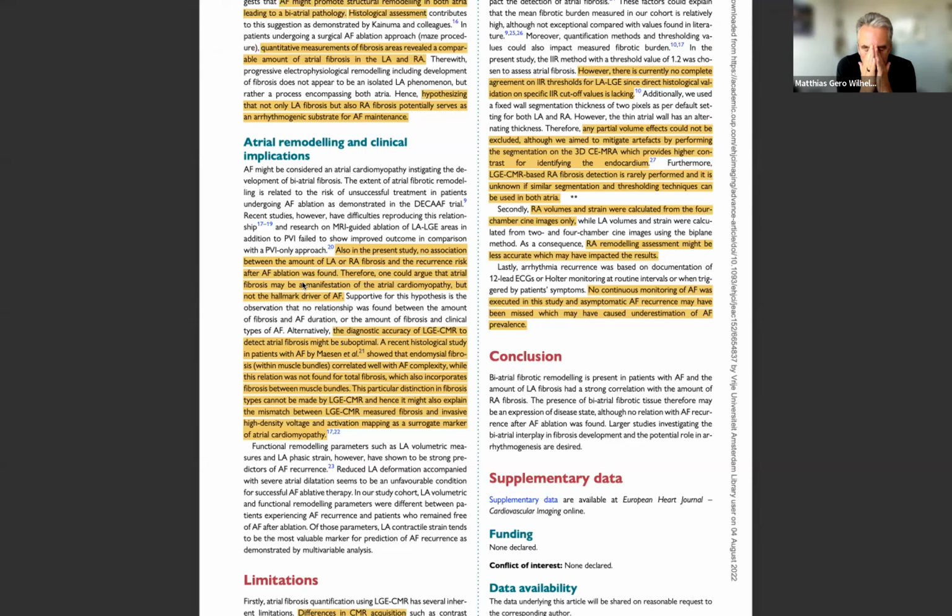So I have to say, the whole topic of atrial parameters, including tissue and function, and AF is a pretty complex one. It's sometimes not easy to disentangle all the different questions that are associated with that.